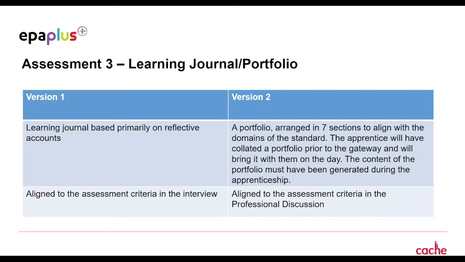And this portfolio is going to form the basis of the professional discussion, much in the same way as some other standards that we endpoint assess on, and I'm sure that some of you are familiar with. So that portfolio, rather than a learning journal, is the basis, and it's based on a range of evidence, and again, arranged in those 7 sections to align with the domains of the standard.